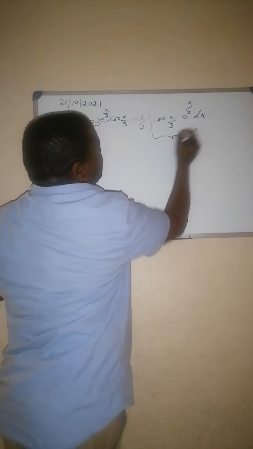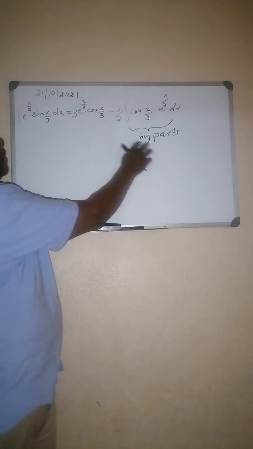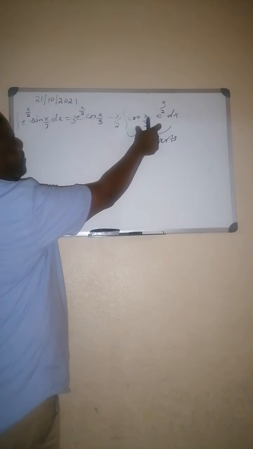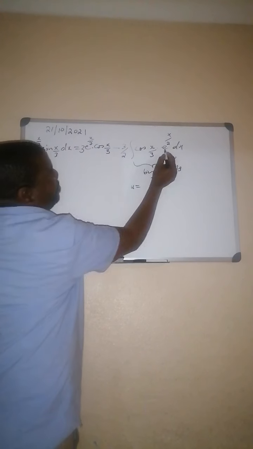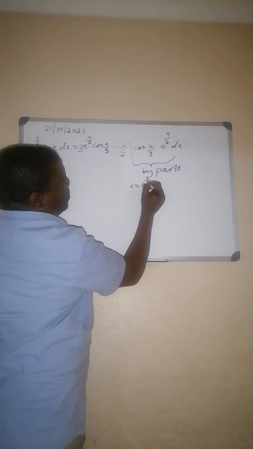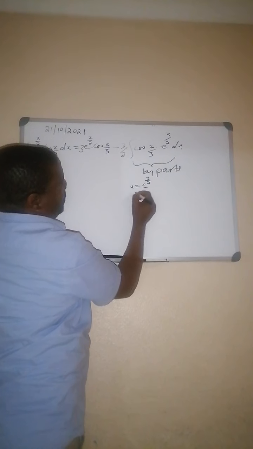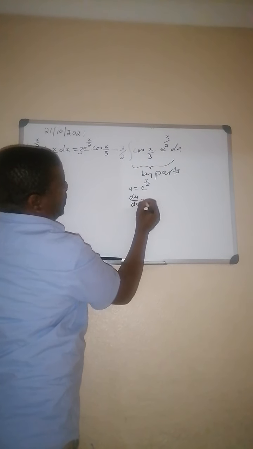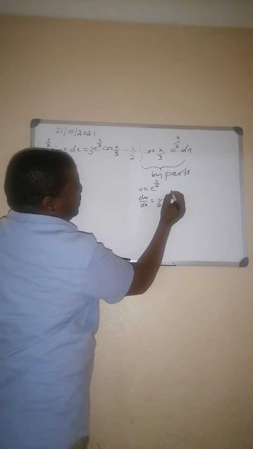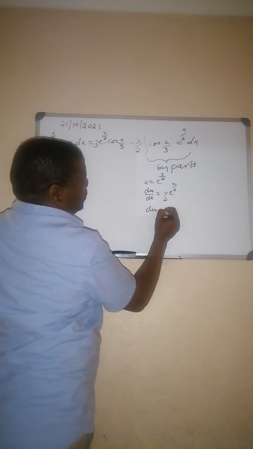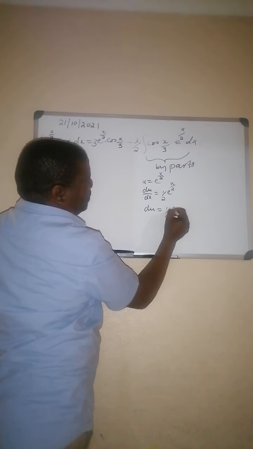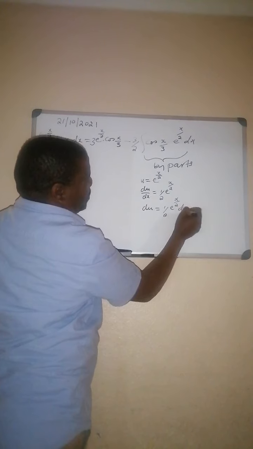Now when you check with that part, you can see it wants us to do the by parts again. Now when we do the by parts again for this part, we will see u is e to the x over 2, where du/dx will be half e to the x over 2, where now du will be half e to the x over 2 dx.